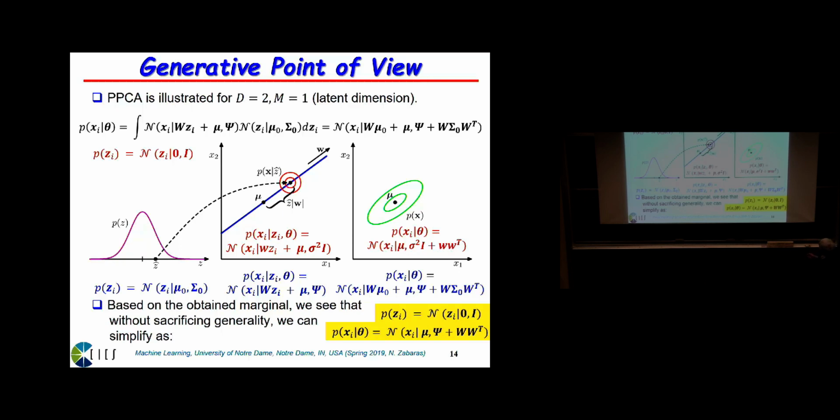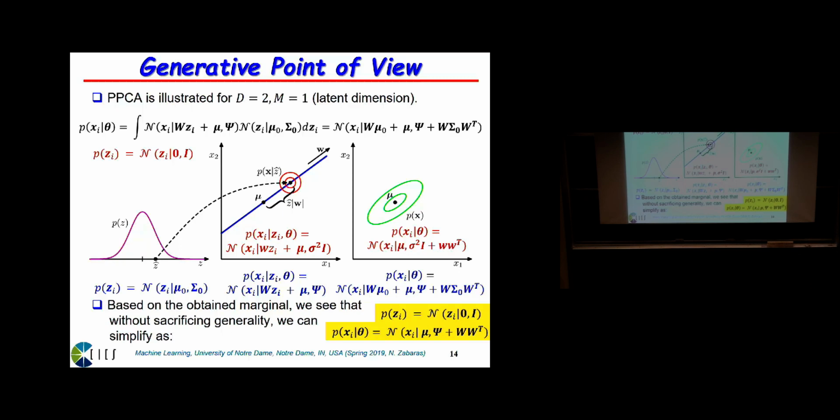So I have a prior that is very general. I have my linear term here in the mean, W times Z plus mu, and you can see when you integrate Z out, you get W times mu 0 plus mu, and then psi, all right, plus W sigma 0 W transpose.